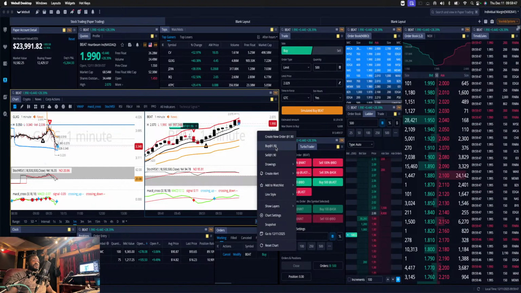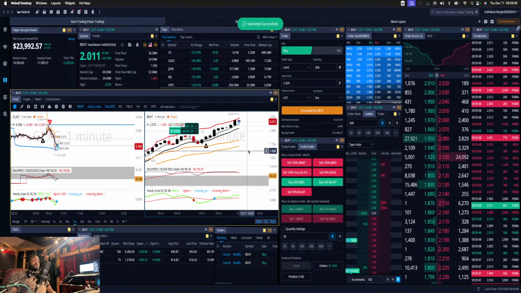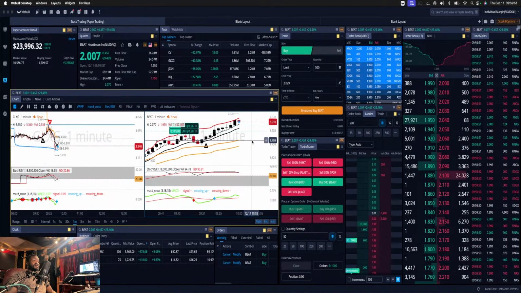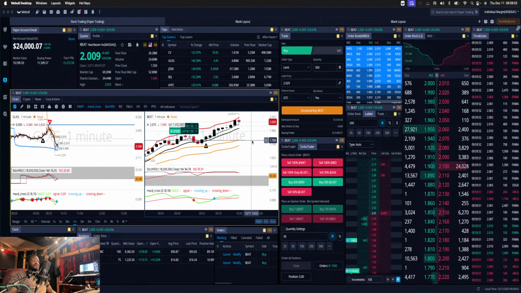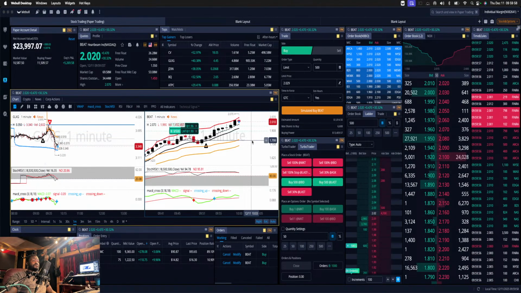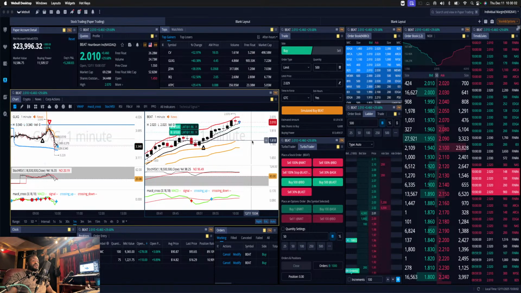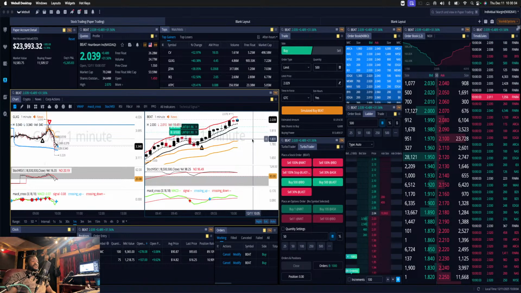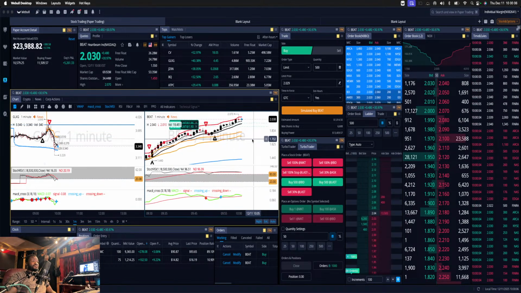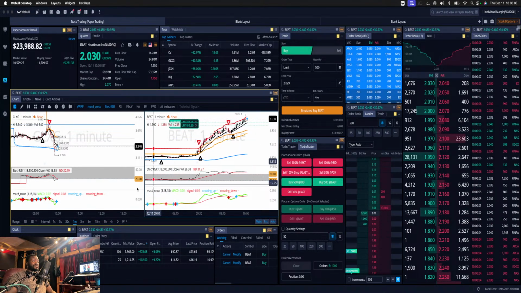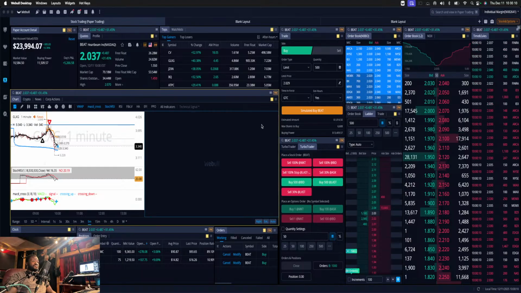And if I'm wrong, then I'm out. If it breaks under 179, then I'm out. So if we get the fill, we'll ride out that trade because it was running from yesterday. Let me see what it's looking like on the 5-minute chart.